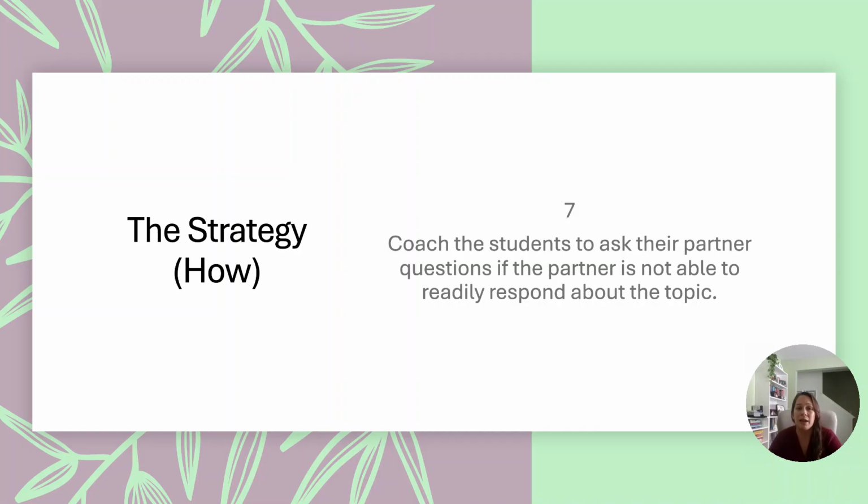The seventh step, coach the students to ask their partner questions if the partner is not able to readily respond about the topic. So a lot of this is going to be saying, oh, well, if this student needs help in responding to the topic, this is you monitoring the class, recognizing that, and then speaking to that other student and saying, hey, how about you ask this student this question.